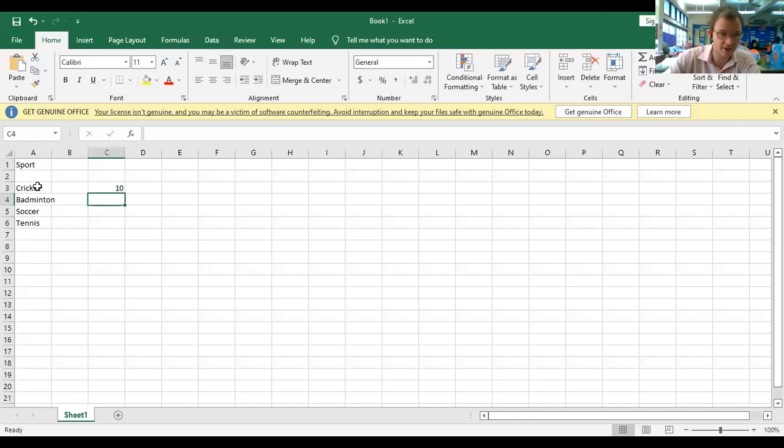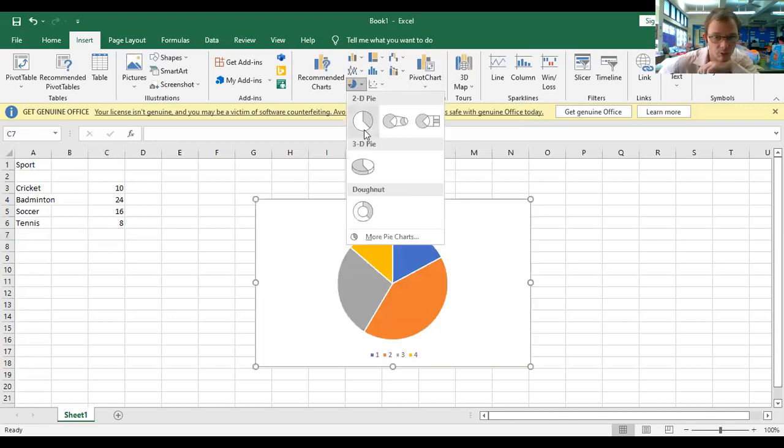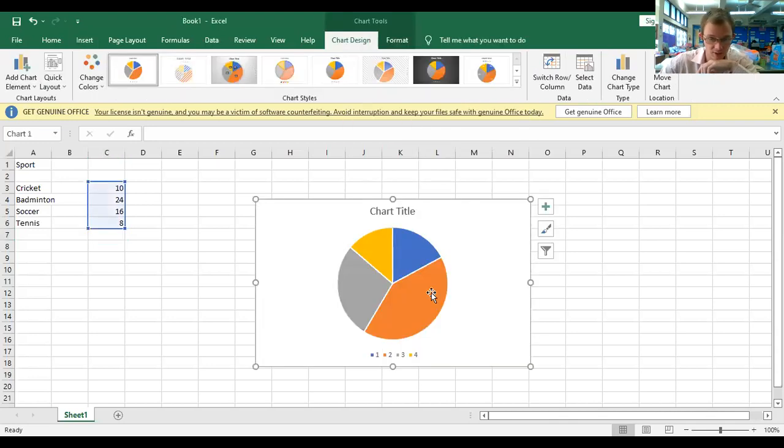And we can say cricket is 10, 25, 4, 16, 8. So for this example, we want to create a pie chart. We can insert and you will find the word charts. We have different types of charts we can insert. We want to have a pie chart and we have all the information there, beautifully grouped already.